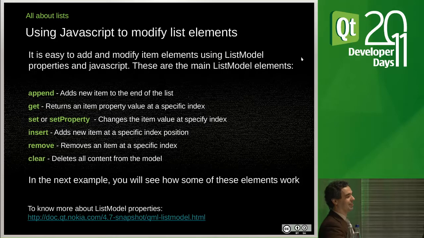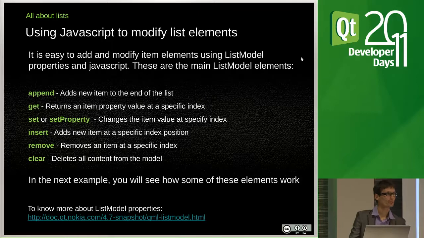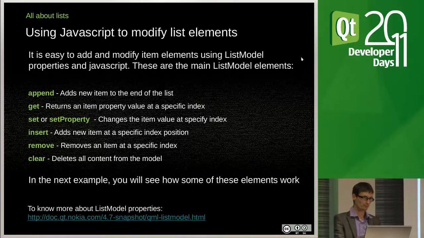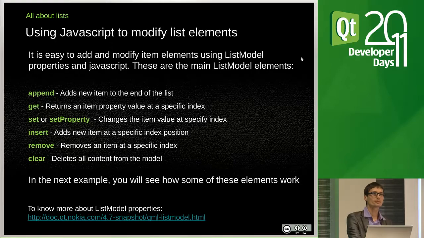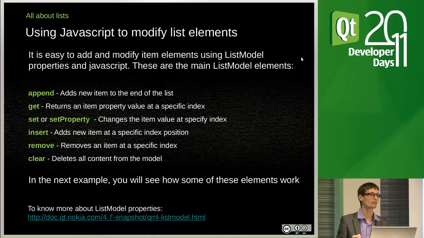Okay. Thank you. So let's talk a bit about models now. What the designer is going to do is to create a mock model. So we have seen how to do this. He used the list model and list element keyword to create a mock model.